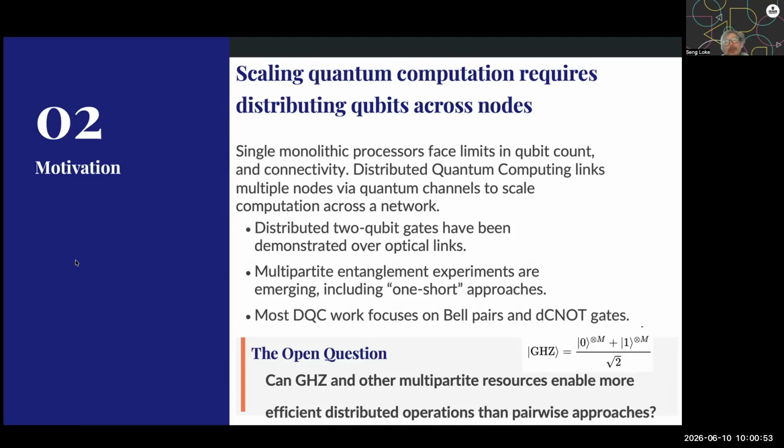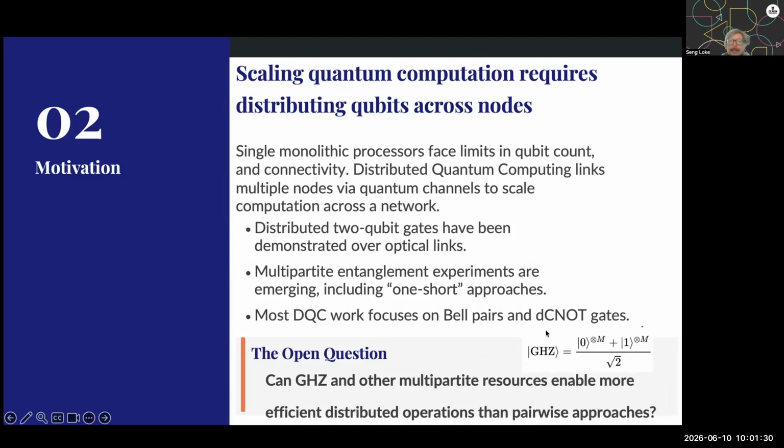But what we are exploring in this paper, instead of just using Bell pairs, you still need to use some Bell pairs, but can you also use GHZ states and the generalized GHZ states of this form, which would allow us to, if you like, compress a sequence or a series of CNOT gates into one multi-qubit gate operation, and hence reducing the depth of circuits quite significantly.